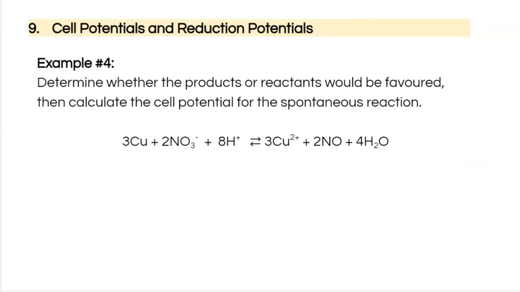Determine whether the products or reactants would be favored. Then calculate the cell potential for the spontaneous reaction. I'd like you to give this a try. But before we do that, I just want to discuss what it means for products or reactants to be favored. If a reaction is proceeding in the forward direction, then we would say that the production of products is favored.